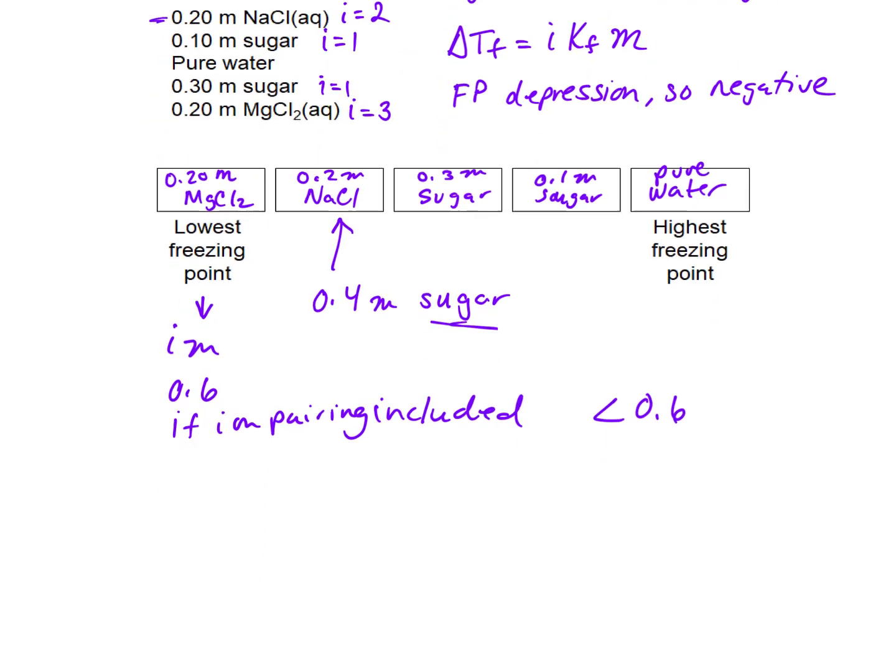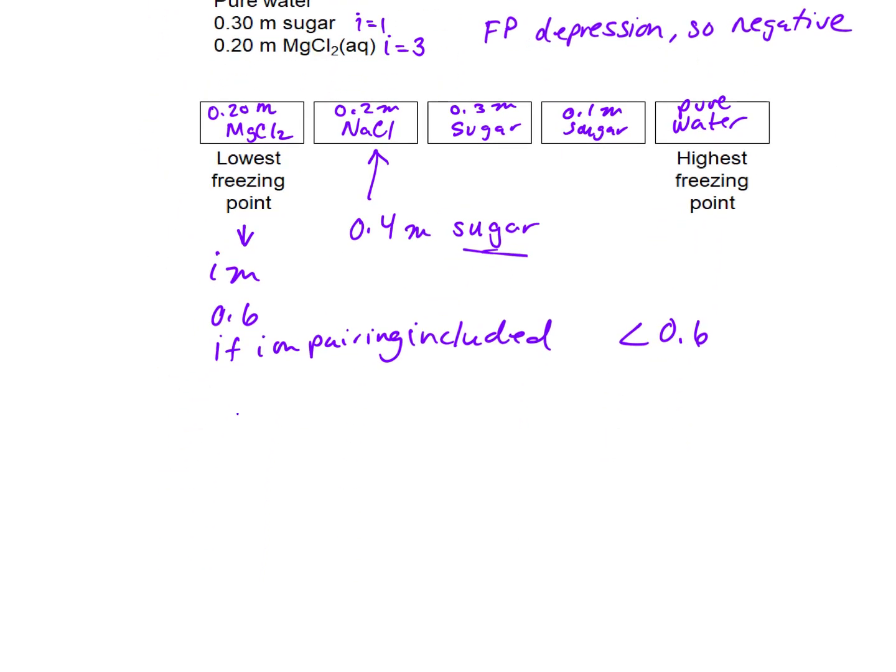Right? For sodium chloride, 0.2 molal NaCl, i times the molal is less than 0.4. Okay? Why am I doing this?